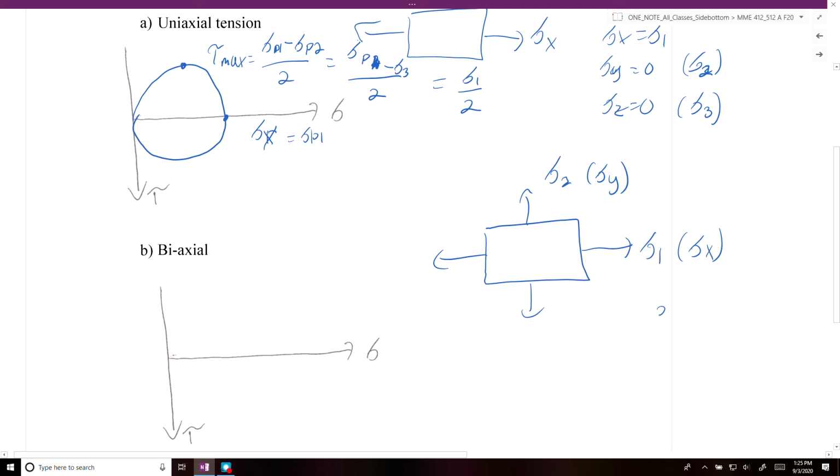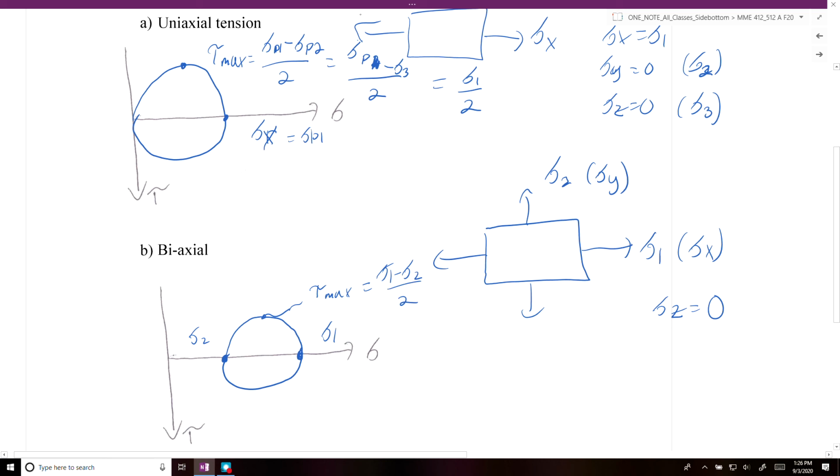The stress in the third axis is going to be equal to 0. If we drew a Mohr circle based off of this case, with this as our sigma 1 and this as our sigma 2, our tau max would be equal to sigma 1 minus sigma 2 over 2.